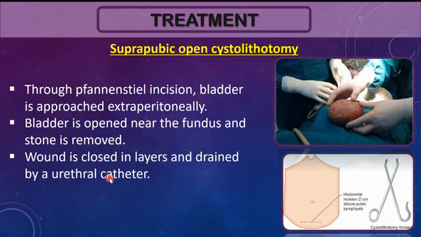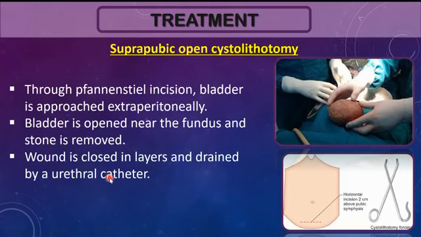Then the rectus sheath is incised, and the rectus muscles and pyramidalis are retracted. The head side of the table is down, so the viscera migrate upward, and the urinary bladder is filled with normal saline by a catheter, so the bladder is distended and comes forward into the operation field. Then the bladder is opened near the fundus and the stone is removed.